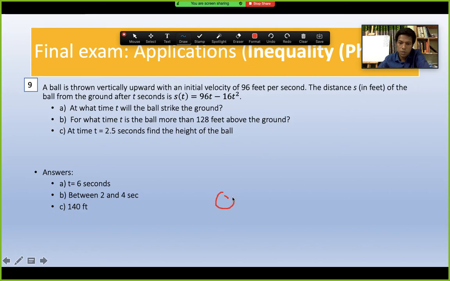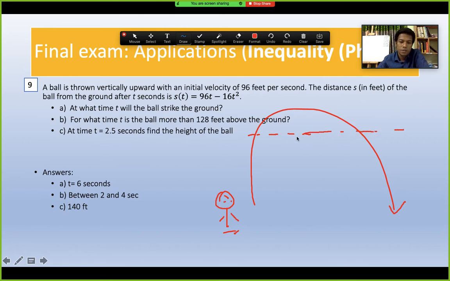Suppose you are here throwing a ball, and 128 feet is here. This time is 2 seconds, and this time is 4 seconds. So between 2 and 4 seconds, the ball is above the 128 feet line. Physically, this is what the question means.